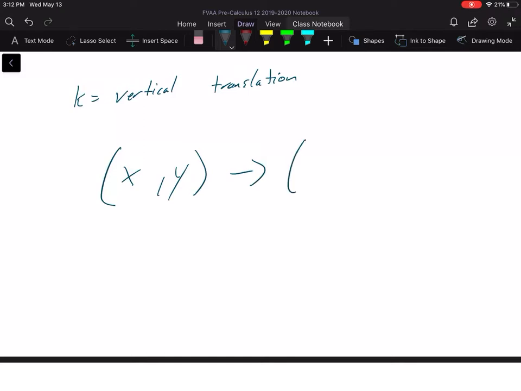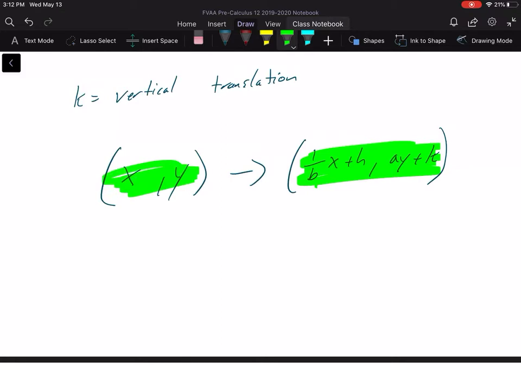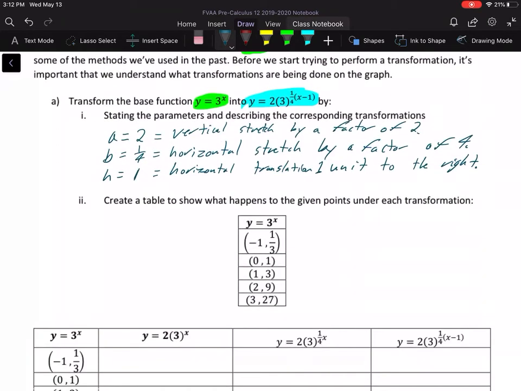Well, for x, we have 1 over b, x plus h, and then a, y plus k. This mapping notation is as important now as it was before in chapters 1, 2, 3, and before that. That's going to help us really apply this well.